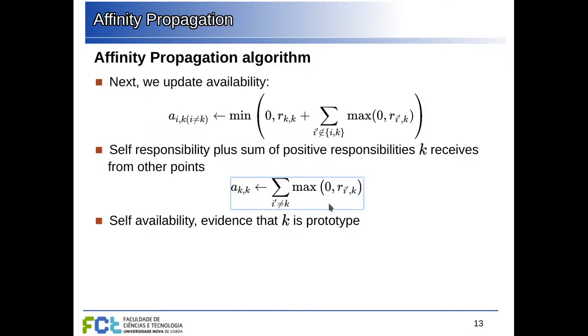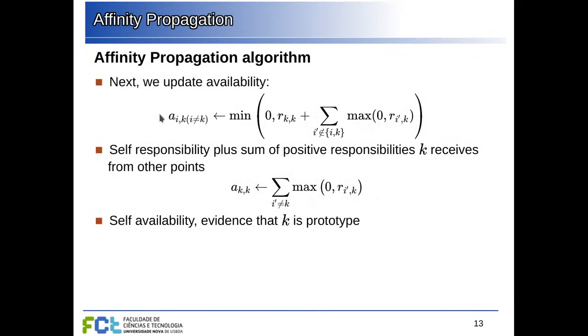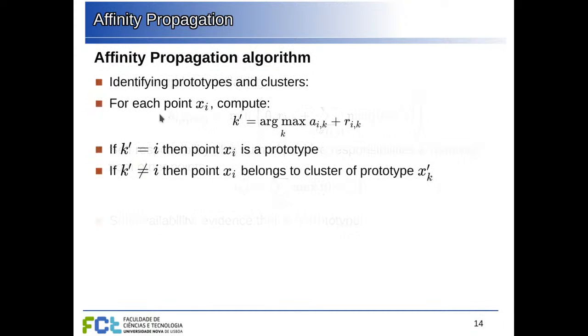So basically what we're trying to measure here is how, from the perspective of K, it feels as being available to represent different points. So this is the basic idea. We have points assigning responsibility to others for representing them, and we have the points looking at how available they are to represent the different points. And we proceed the iteration by passing on these messages between the points.